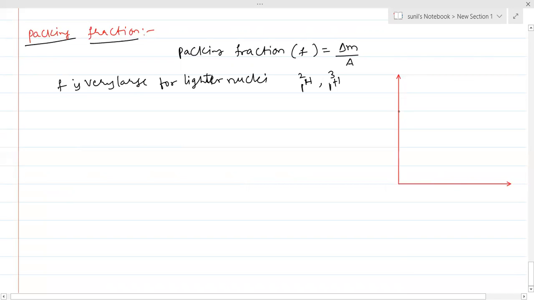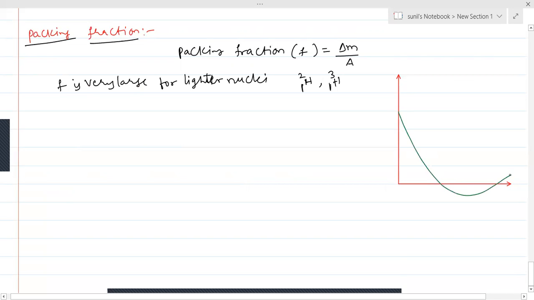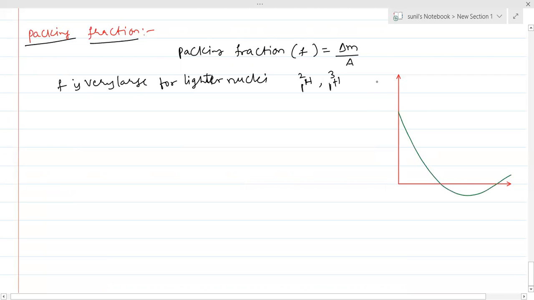It is observed that the packing fraction decreases with the mass number. So this is the packing fraction, and this will be the mass number.